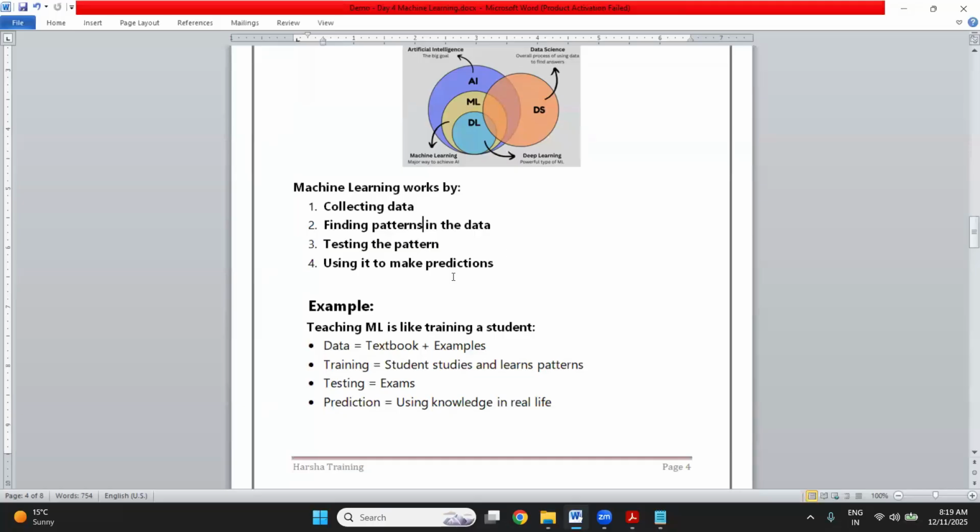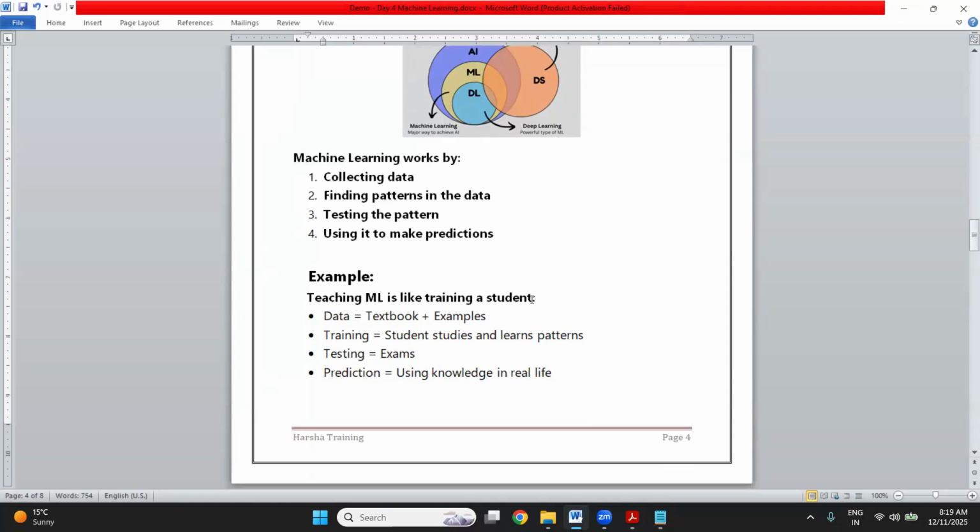Okay, we will see an example. By taking the example, we will see what exactly a pattern means, and how machine learning is implementing these patterns. Then once the data is collected, and the algorithm has successfully found the patterns in the data, it will test the patterns. So what exactly can we provide using these patterns? Internally, the algorithm will process that data to provide us a meaningful result.